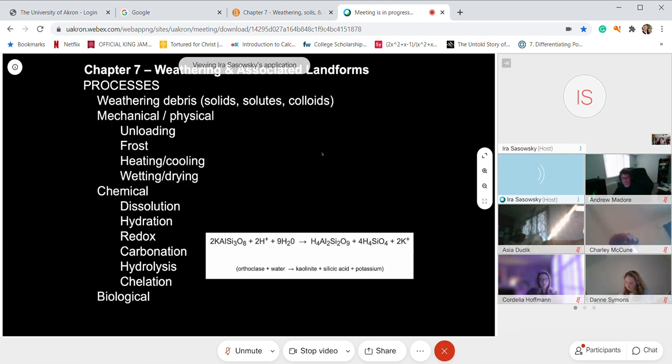So in addition to unloading, frost action, which is when water within a solid freezes and expands, is an important generator of small grains and even large boulders.